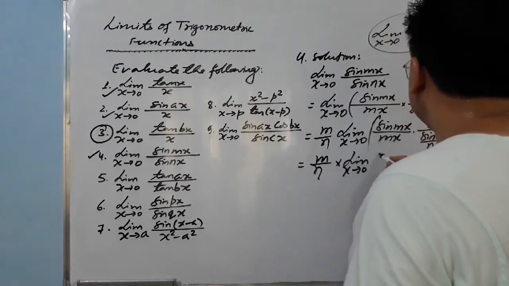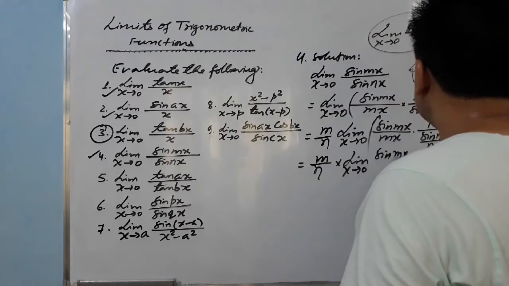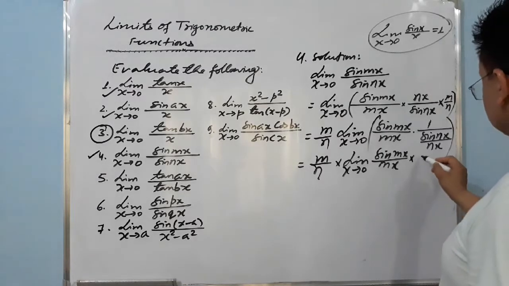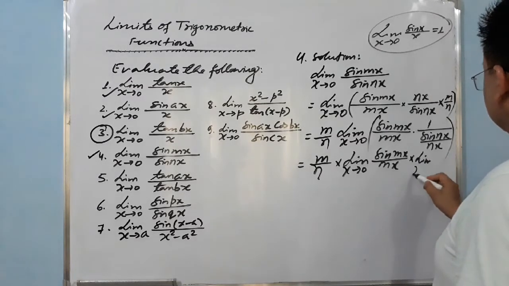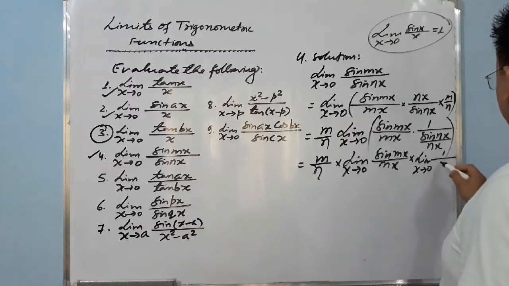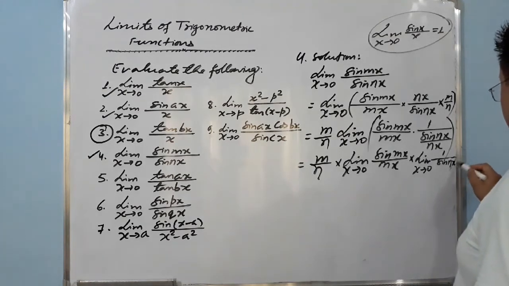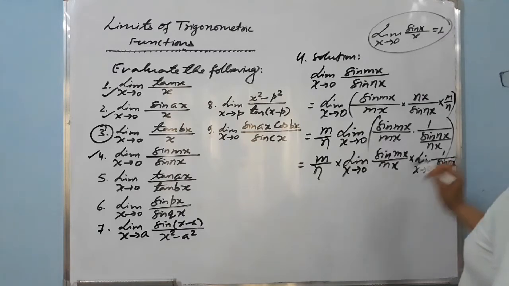It equals m upon n times, let's write separately, the limit of sine mx over mx, into the limit as x tends to 0 of 1 over sine nx over nx.